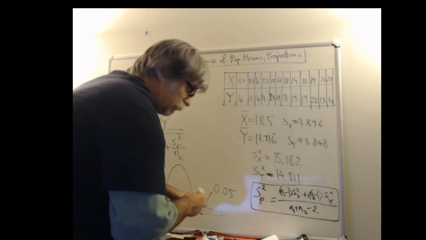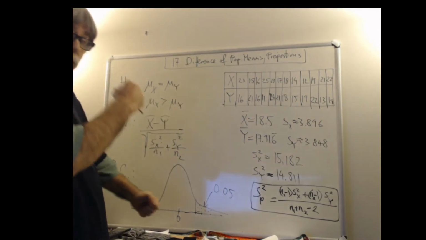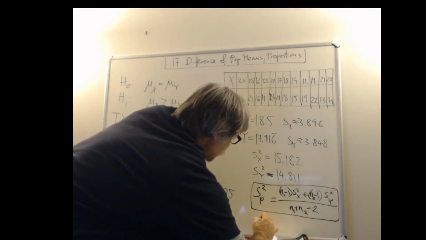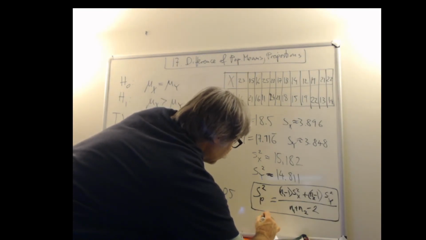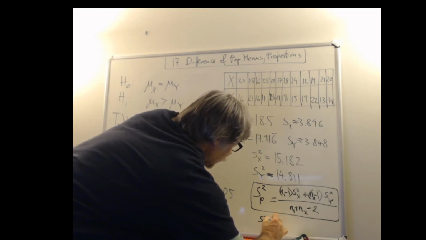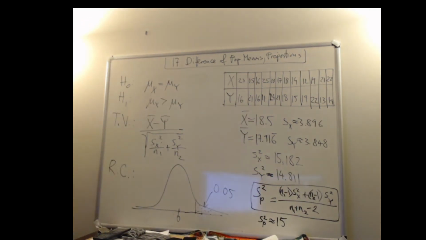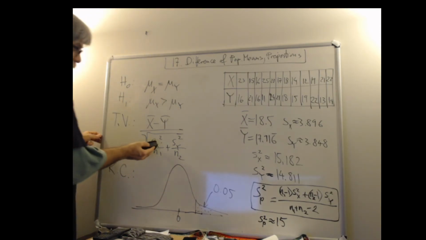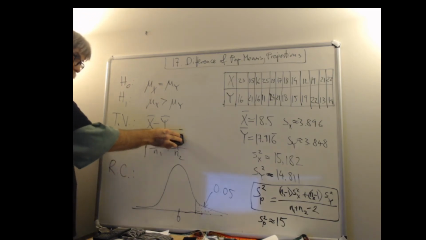In my case, since this is nicely cooked, I am getting the pooled variance to be exactly, or I shouldn't say exactly because it's always an approximation, 15. Beautiful. Okay? So that's the pooled variance. That pooled variance will replace this guy and this guy here.